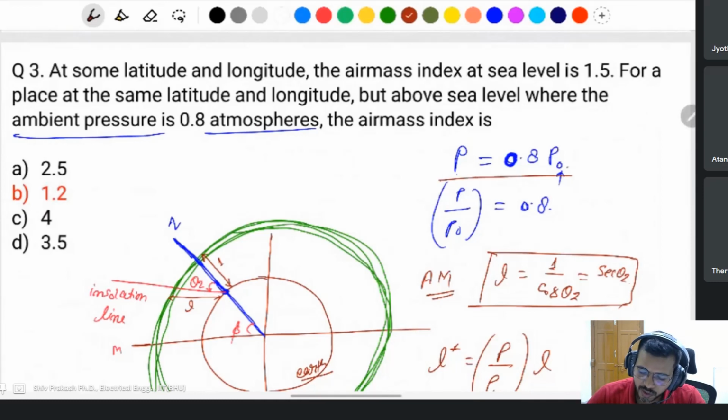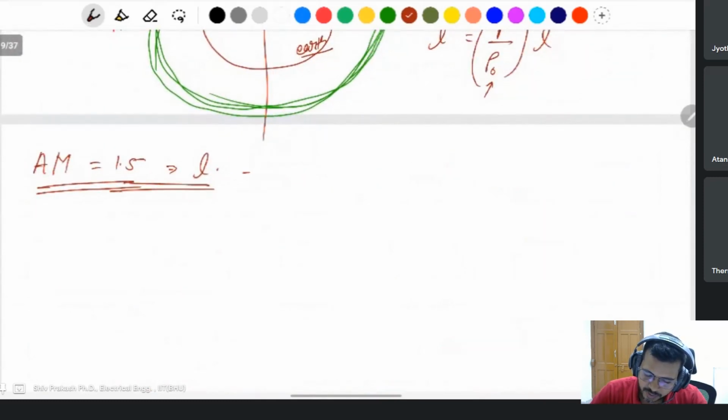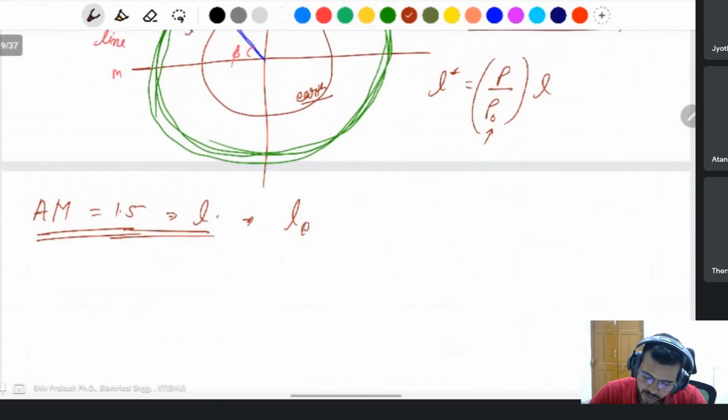So P is the ambient pressure, and the ratio to the atmospheric pressure is 0.8. That's why P by P naught will be 0.8. Then the effective air mass you can calculate as L into P by P naught.